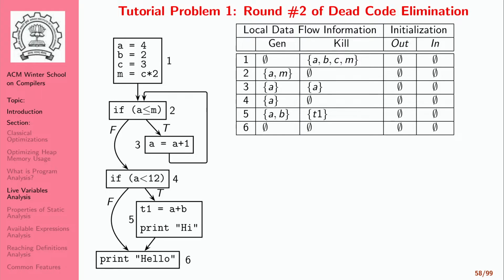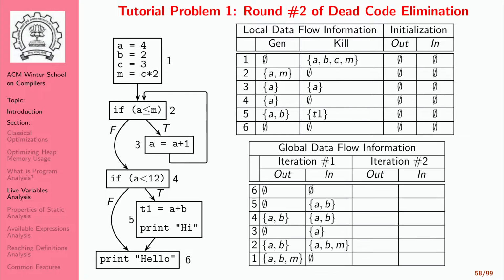So in of 5 now will be A and B. Earlier we had C, right? Now that C is gone, that's the only change. C will not be live anywhere, so you get this result where you just removed C from everywhere.